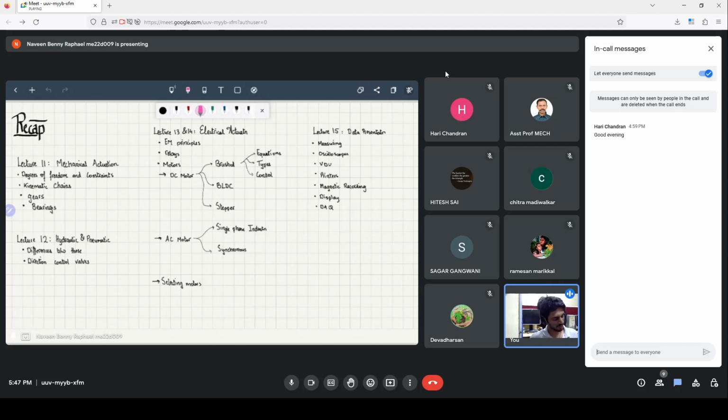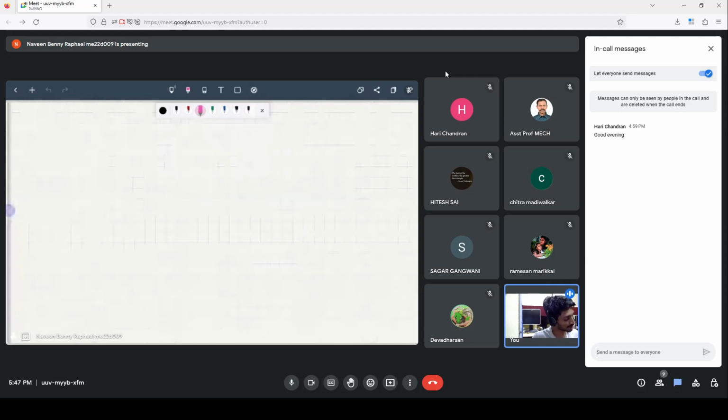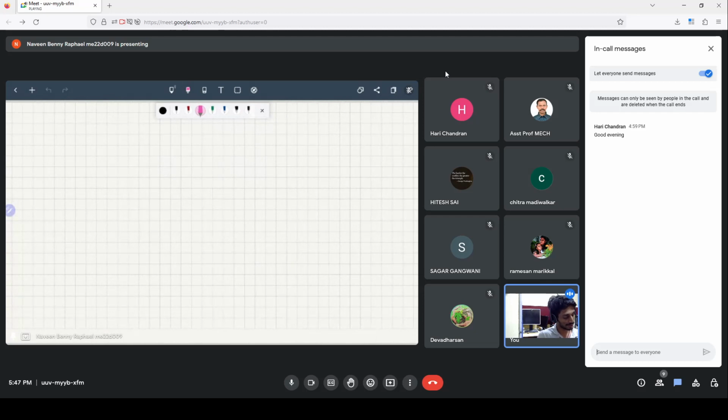One kind of simple question will be like, consider you have a stepper motor that moves 6 degrees per pulse.